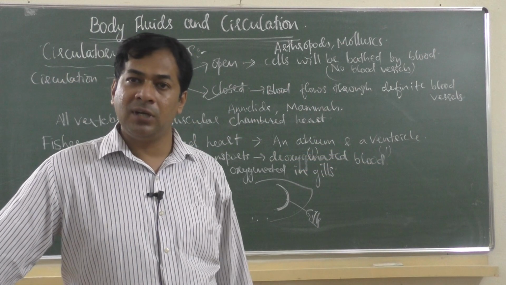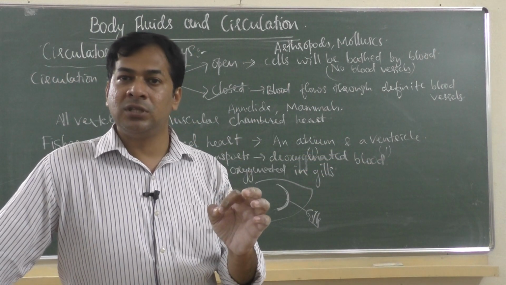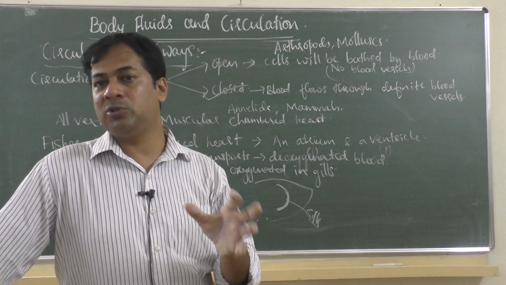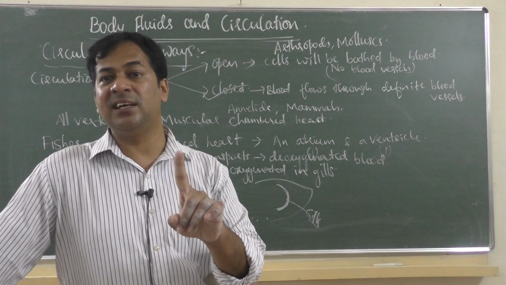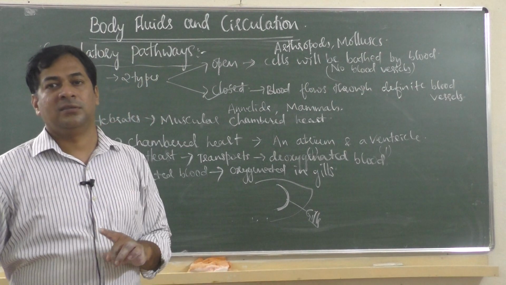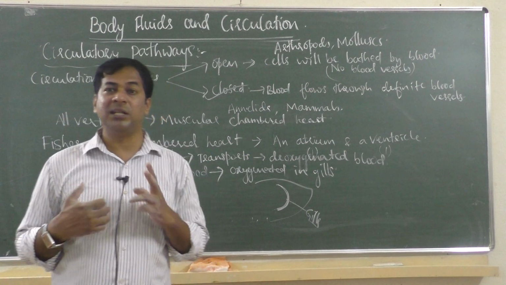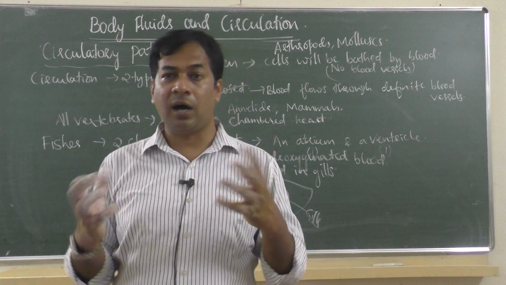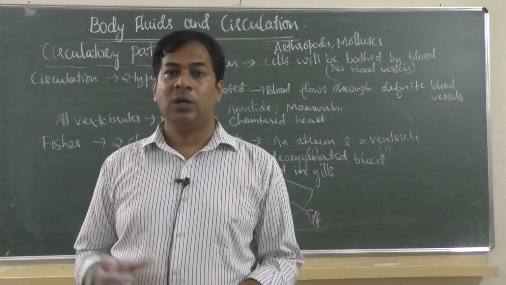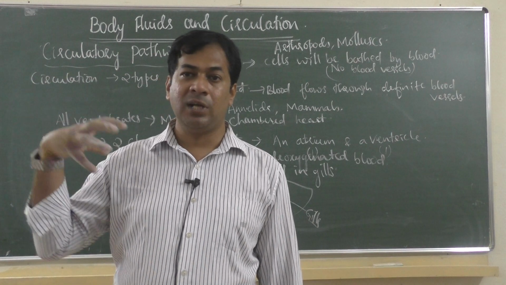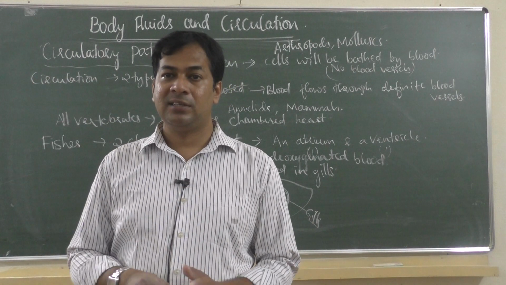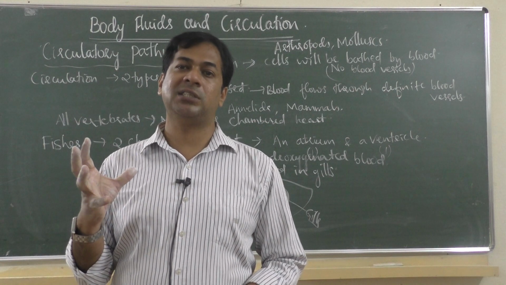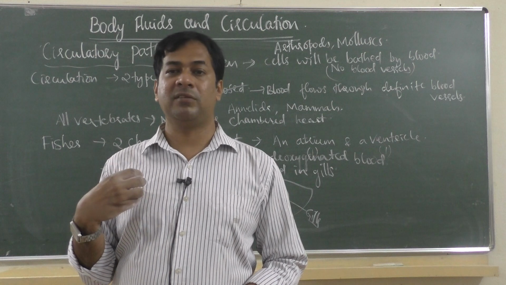Here, blood comes to the heart only once. If blood comes to the heart only once, it is called single circulation. In human beings, we have double circulation, meaning blood comes to the heart 2 times, because oxygenated blood comes to the left part of the heart, and deoxygenated blood comes to the right part of the heart.